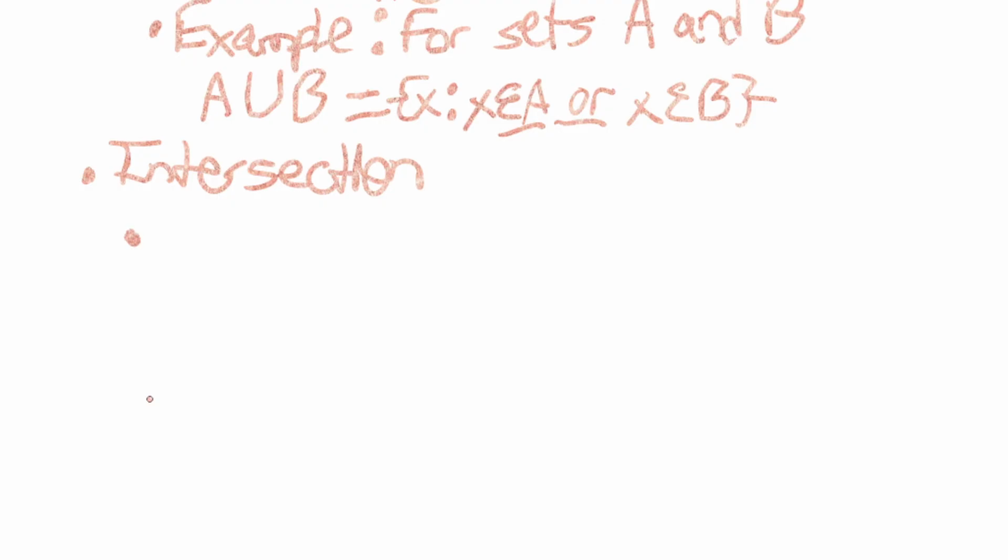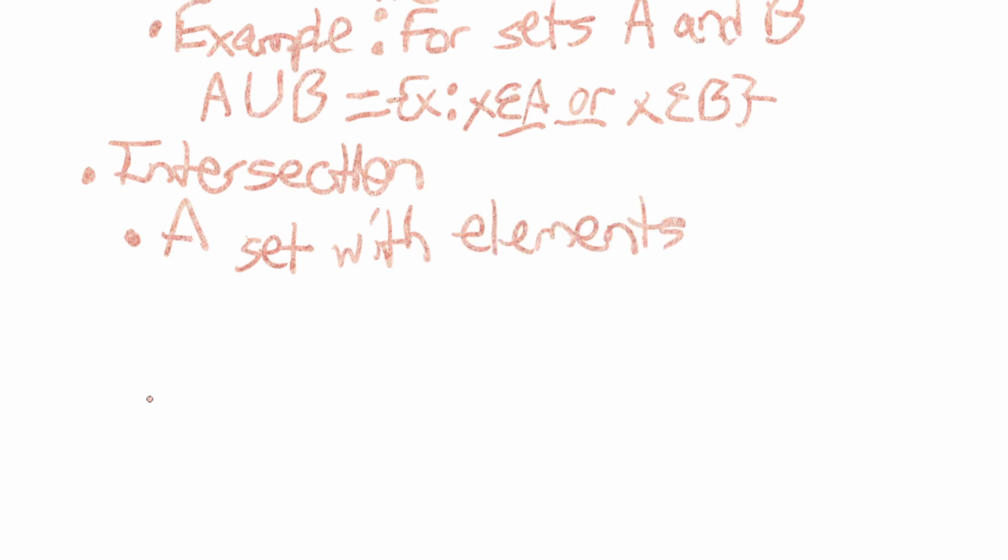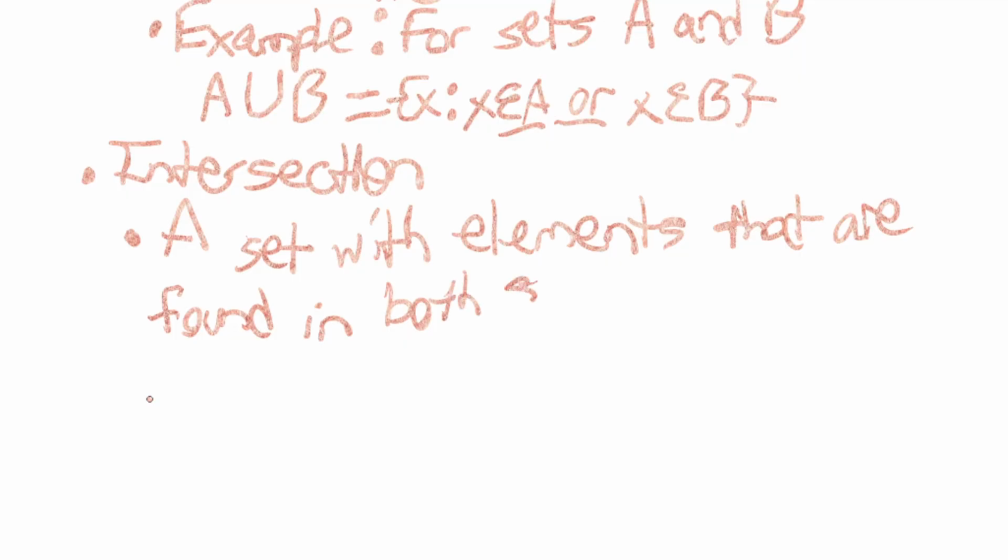So intersection is a set with elements that are found in both sets. Notation is an upside down U-shaped symbol.